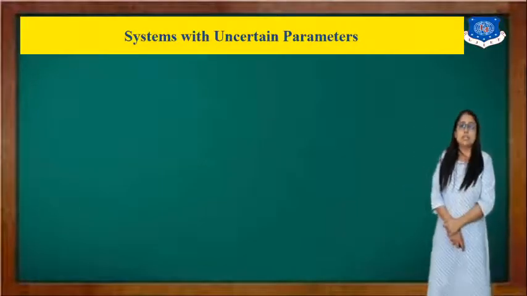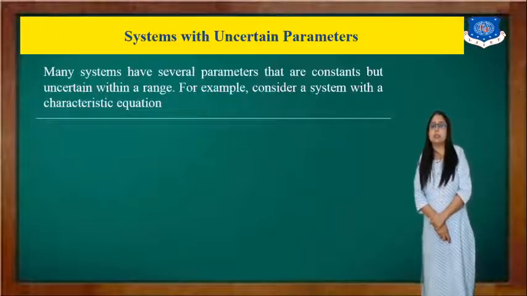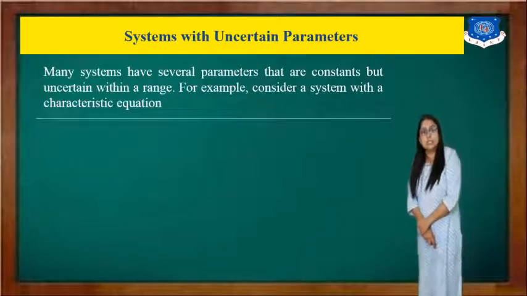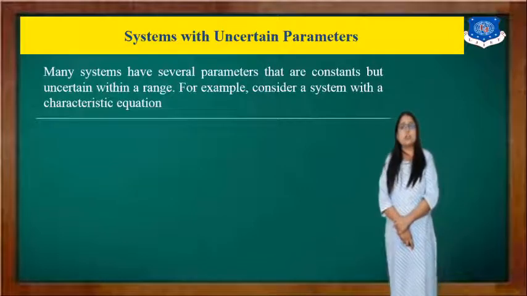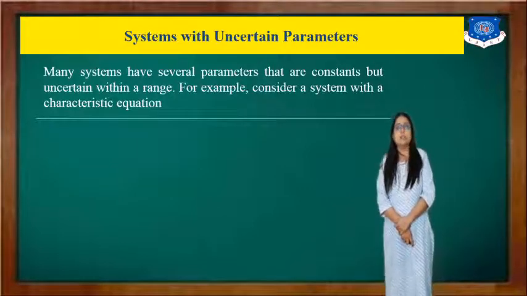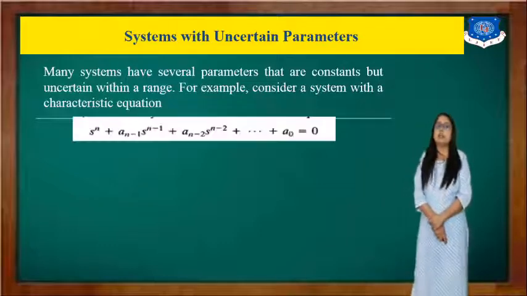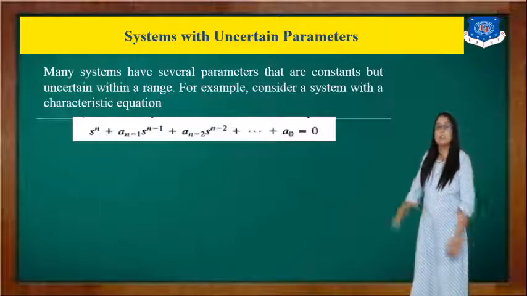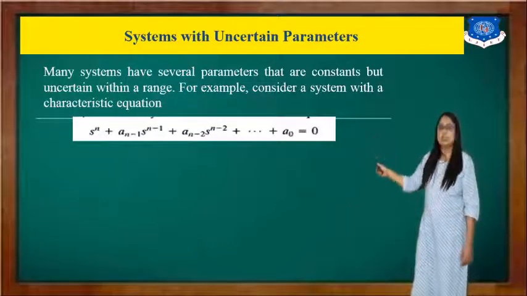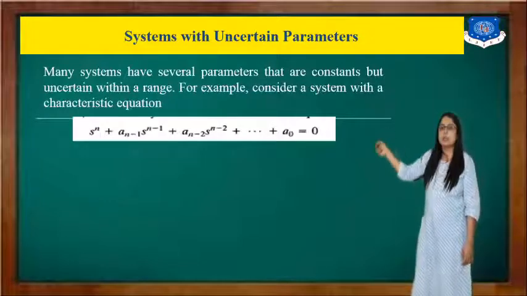Now, next we will see the system with uncertain parameters. Many systems have several parameters that are constant, but uncertain within a range. For example, consider a system whose characteristic equation is s to the n plus a n minus 1, s to the n minus 1, like that.